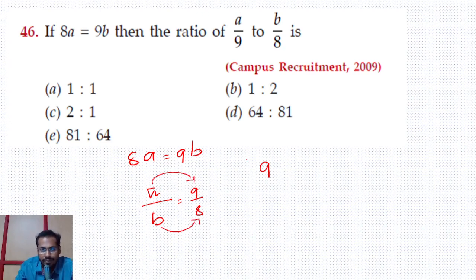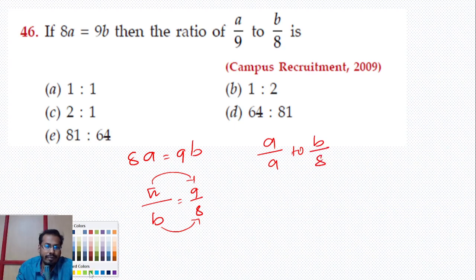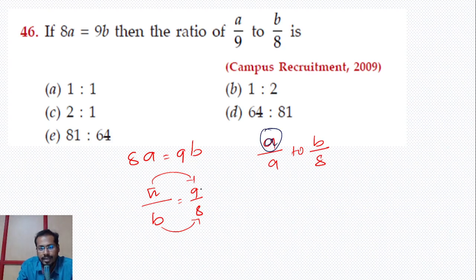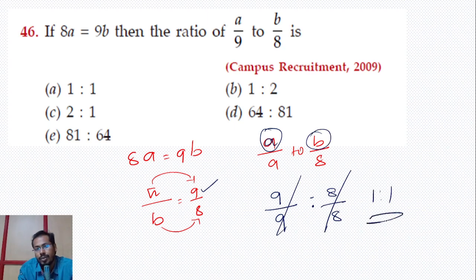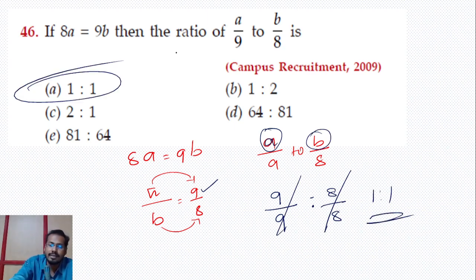So first I will write A by 9 to B by 8 is what? Instead of this A, I will write this 9, 9 by 9. Then instead of B, I am going to write 8, 8 by 8. So this is nothing but 1 is to 1. That is the right answer. Simple.